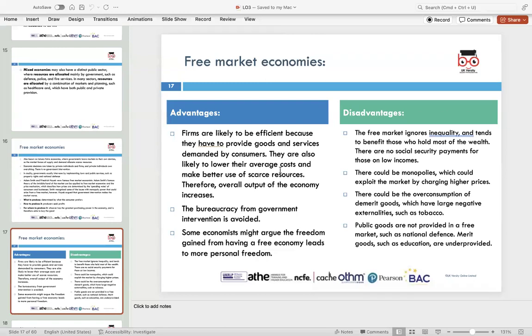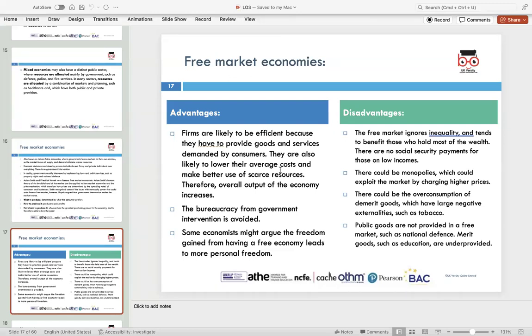Then there are some disadvantages. There is a tendency for the free market to reward those who own the majority of the wealth, since it chooses to disregard inequalities. Individuals with low earnings are not eligible to receive benefits from social security. Possibly, there is the existence of monopolies, which have the potential to abuse the market by charging higher prices.